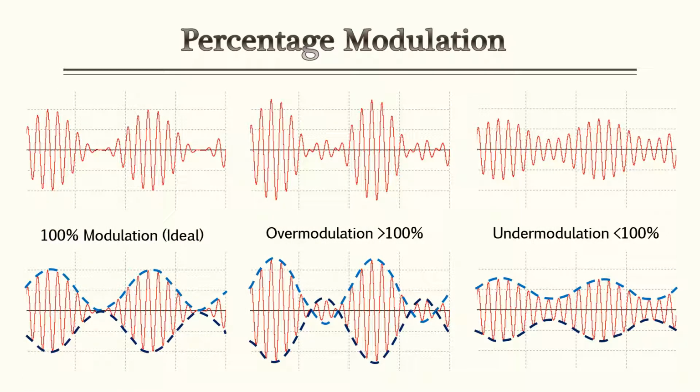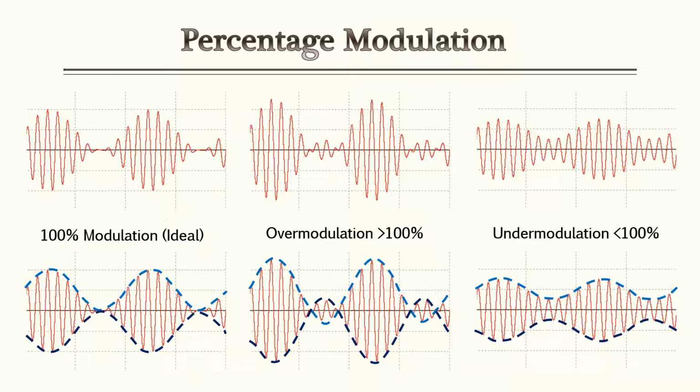Now, to provide a little bit more visual representation of percentage modulation, if you look at the illustrations below, we have 3 different representations of different percentage modulations. For example, our illustration all the way to the left shows the waveforms with 100% modulation. That is an ideal or optimal modulation signal.